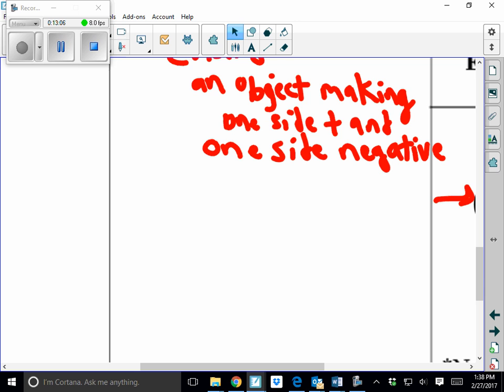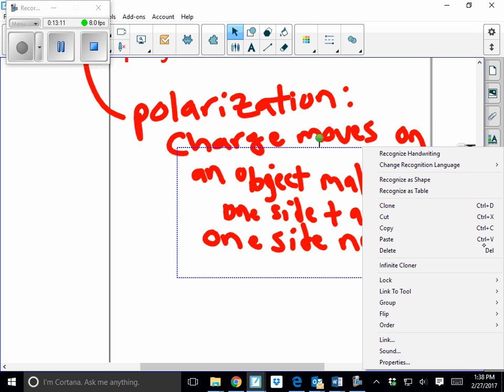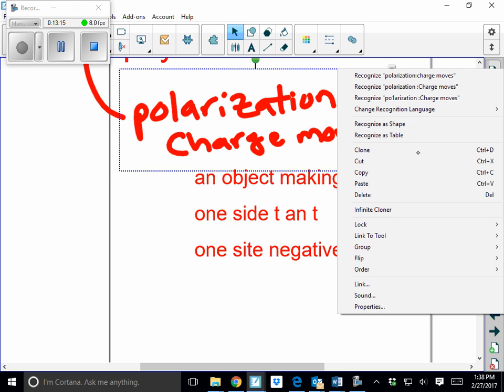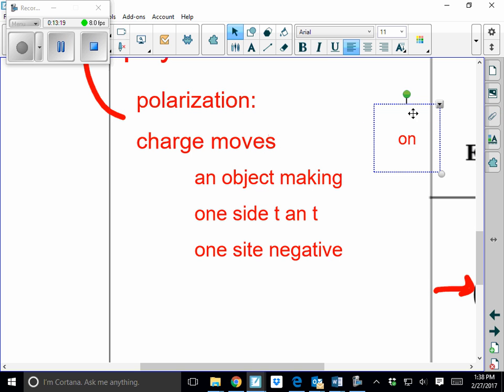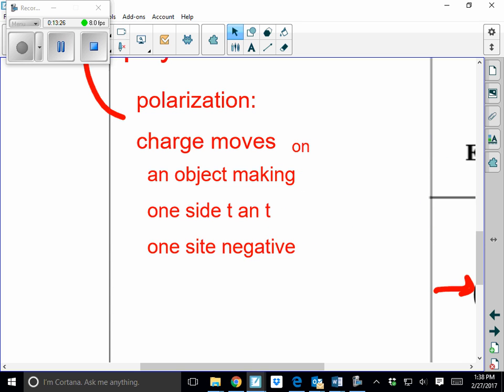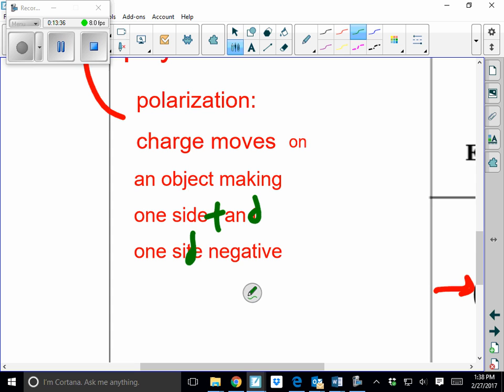So that's what we typically did with that can. Like we charged it by induction, which AKA we made the charges move by presenting other charges.